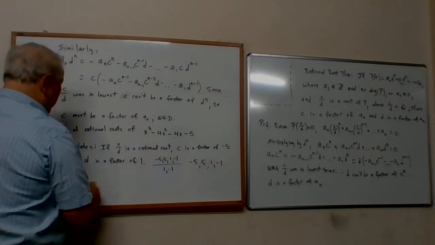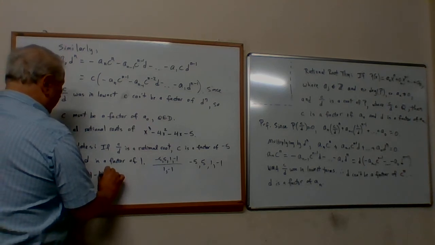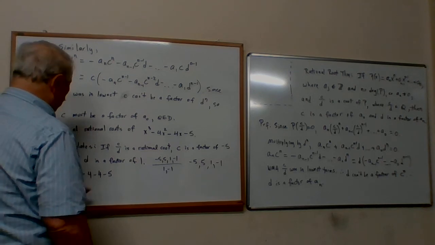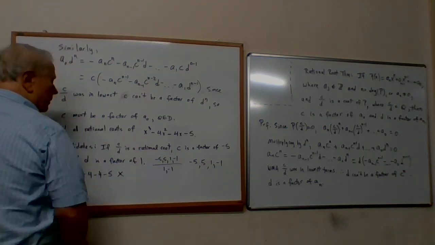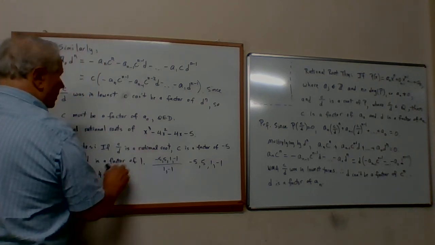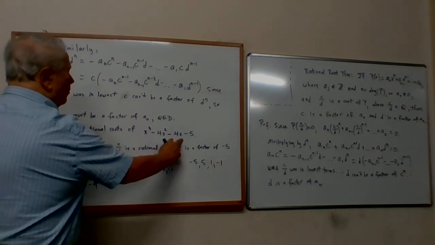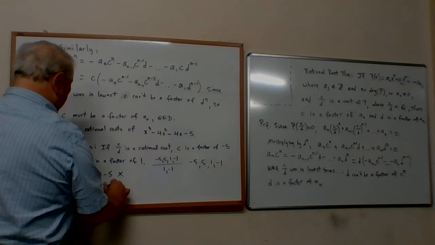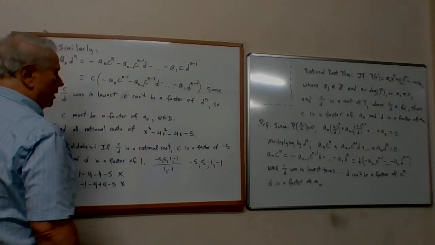If I plug in 1, I get 1 minus 4 minus 4 minus 5. 1 minus 4 is -3 minus 4. This one doesn't work. Let's try -1. If I plug in -1, I get -1 minus 4 plus 4 minus 5, which also doesn't work.